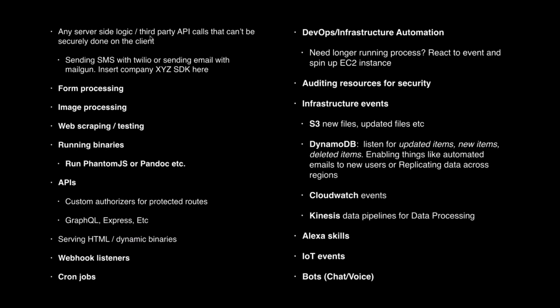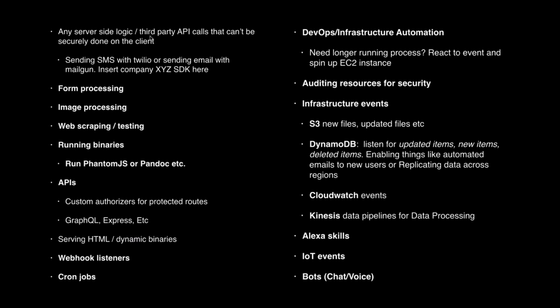So what can you run on AWS Lambda? Basically any server-side logic that you don't want the client to see. If you're familiar with Node and Express or any of the Python web frameworks for running APIs or Hapi.js or whatever, basically you can run any code.